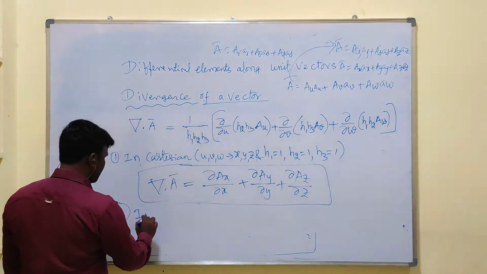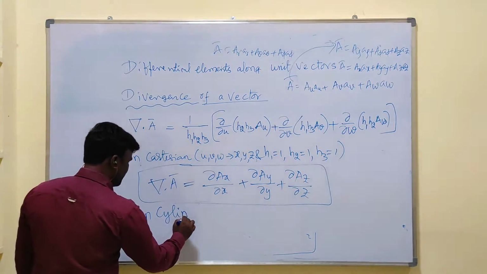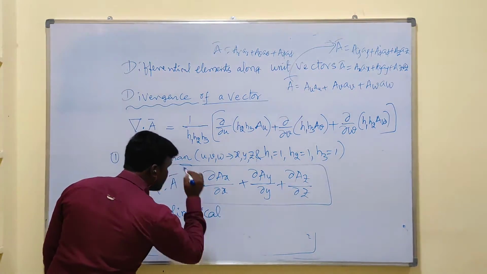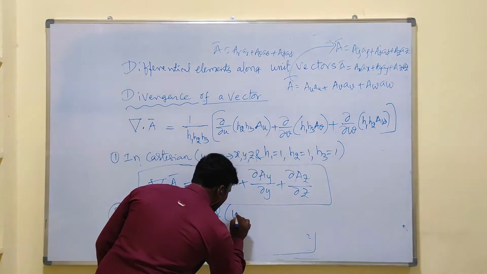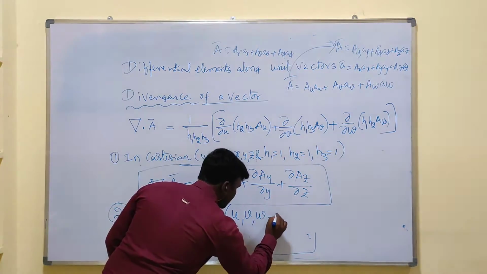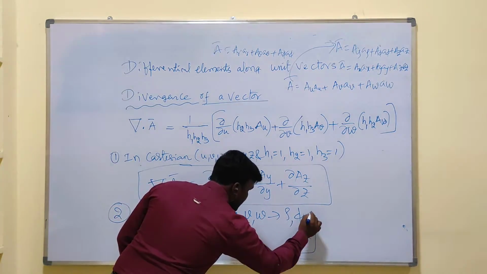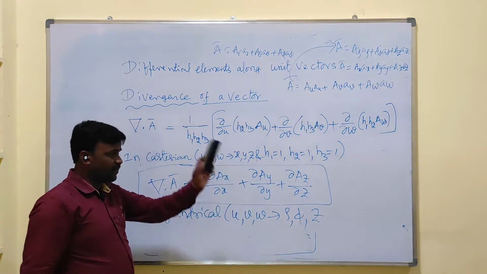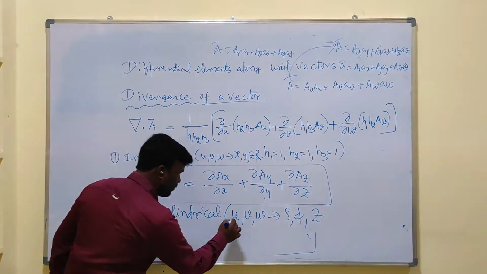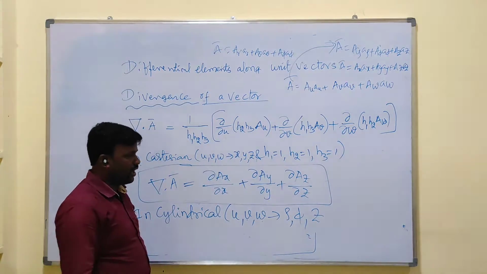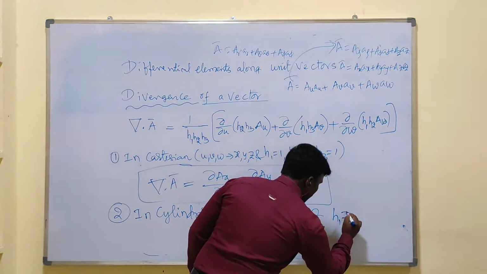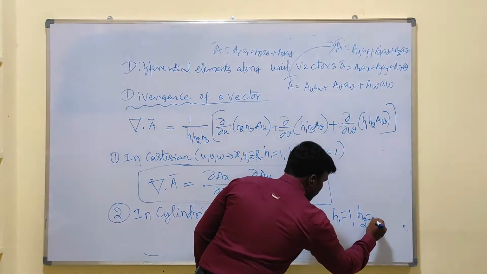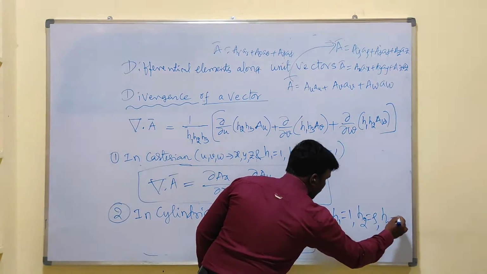In the cylindrical coordinate system, u, v, w are replaced with rho, phi, z. Rho is the first element, phi is the second element, z is the third element. Now what about h1? h1 is 1, h2 is rho, h3 is 1.